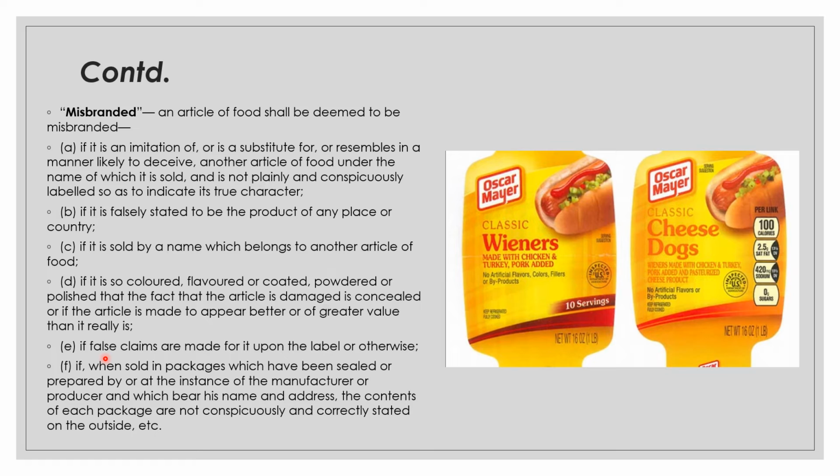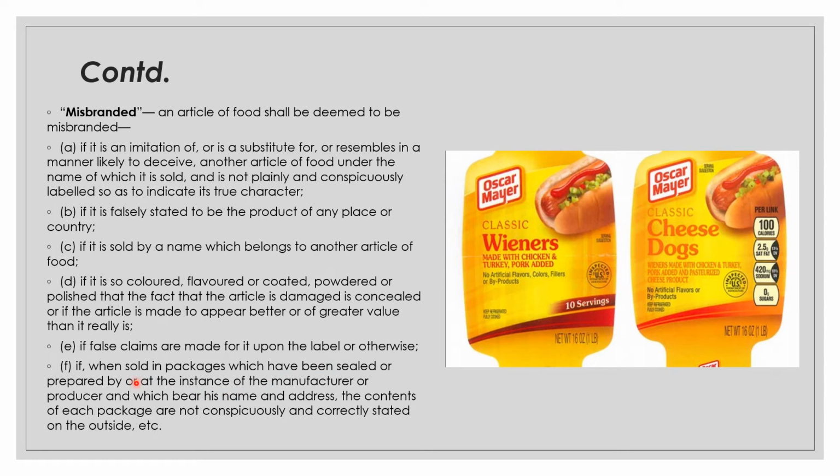Then next, if false claims are made for it upon the label or otherwise. The food article contains 300 calories, but it is mentioned only 150 calories on the package. Then it is a false claim. And it contains fat content of 32%, but only 10% is mentioned on the package. It's a false claim. It is also a case of misbranding.